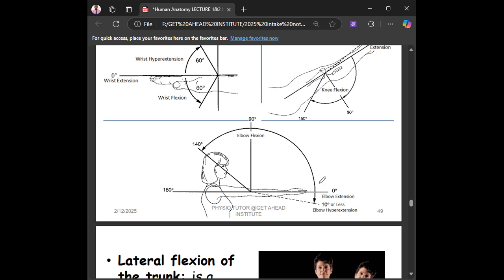When this arm moves in this direction, elbow flexion is taking place. But when it comes back like this and reaches the zero here, that is the elbow extension. But instead of it reaching the zero, if it goes beyond, then that is what we consider as the hyperextension of the elbow.